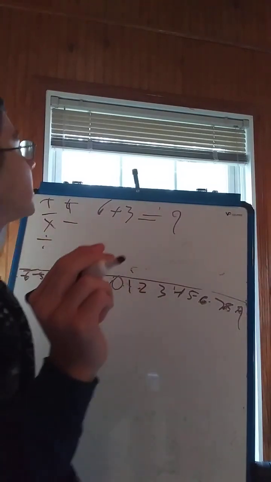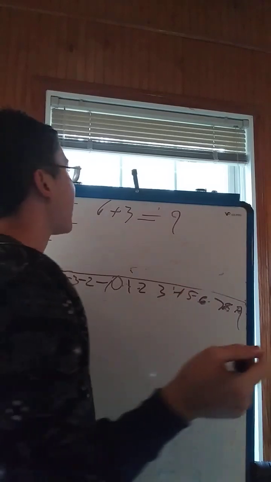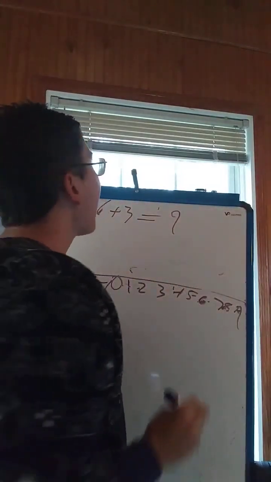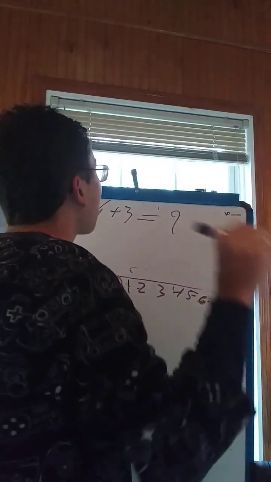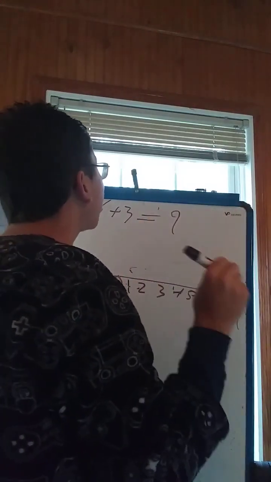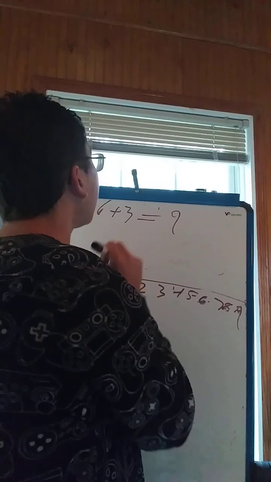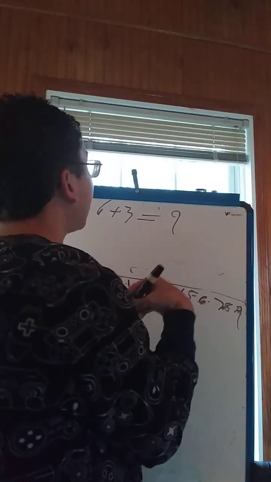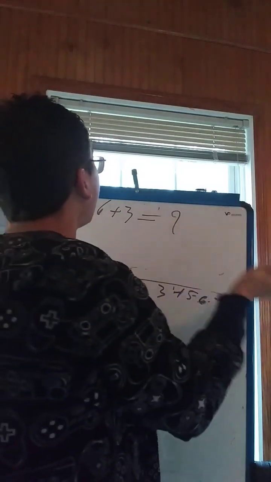Now, integerally speaking, I had to make up a word. Both of these are positive. When you have two numbers in your problem that are the same sign in an addition problem, you add. And then the answer would be a bigger number.